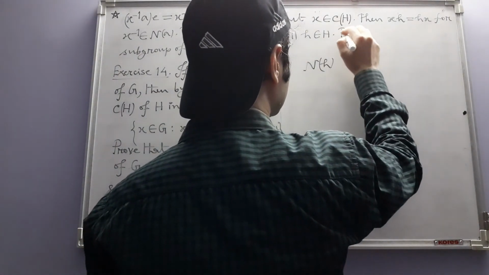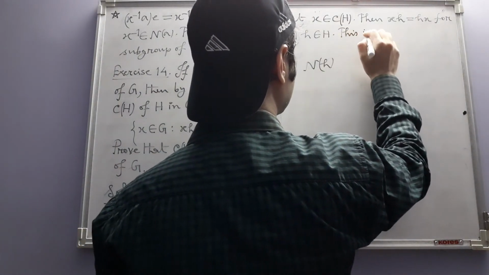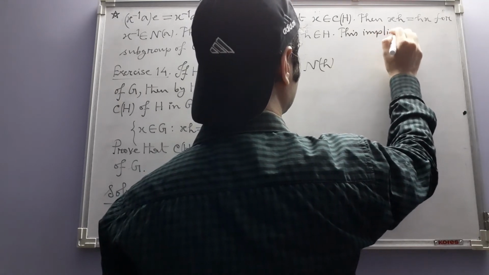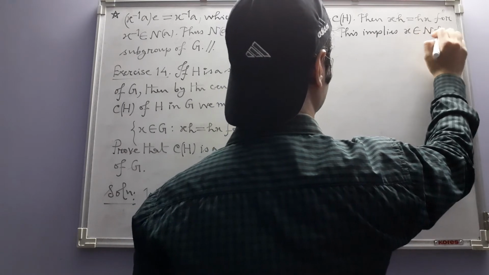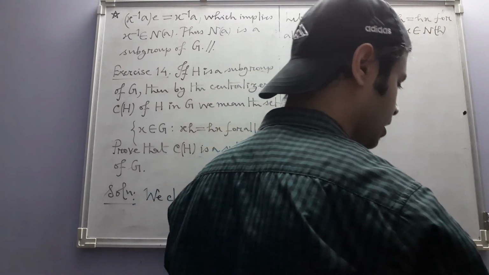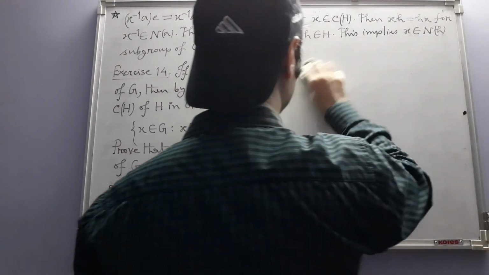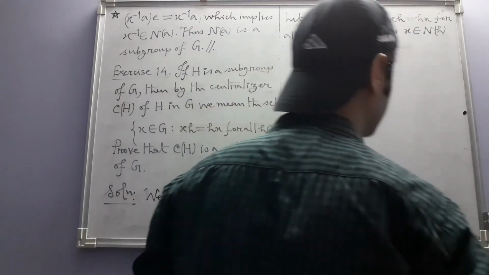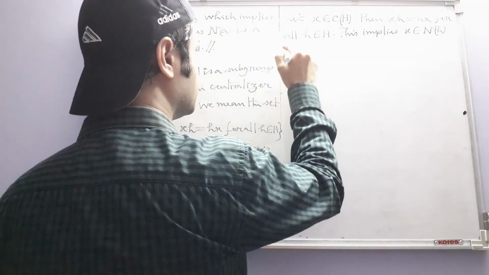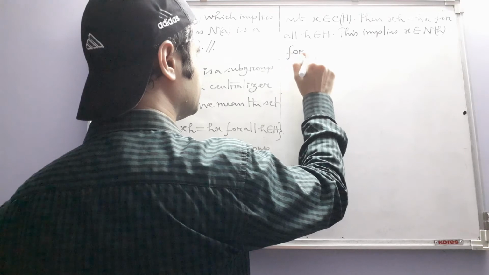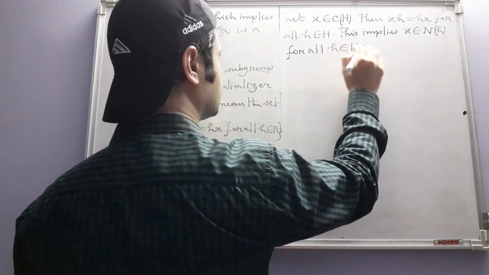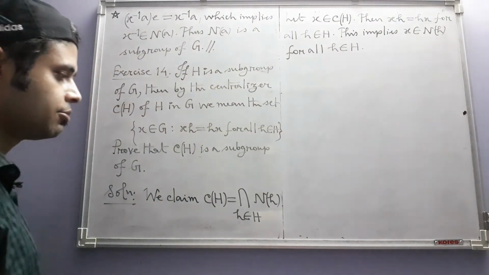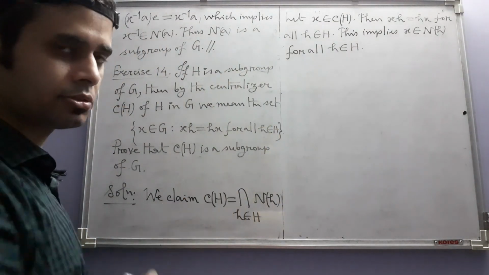This implies X belongs to the normalizer of H. Now bring back the fact that H is actually any element of H. So you write for all H belonging to H. So now you can see why this X belongs to the intersection.